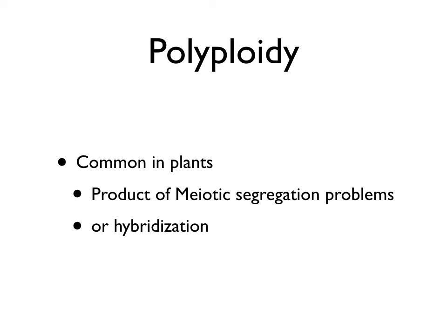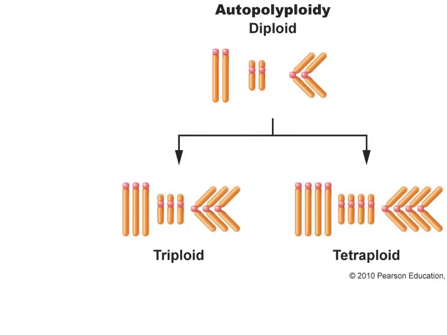And it's partly because this is a really significant change in the genetic composition of an organism, okay? And it arises, as you might suspect, much like aneuploidy, due to segregation issues during meiosis. But it can also be the product of hybridization among different species, and we'll get to that in a moment.